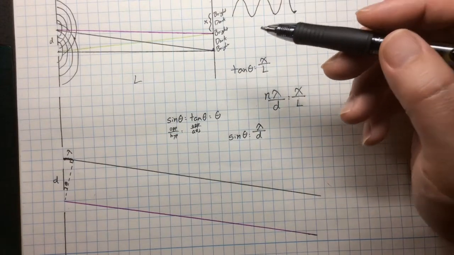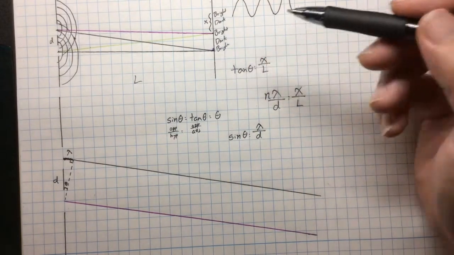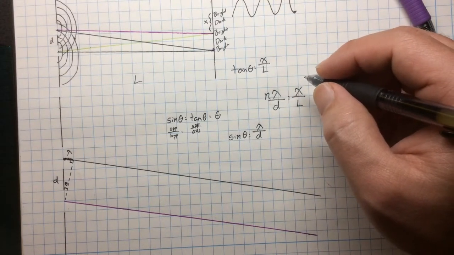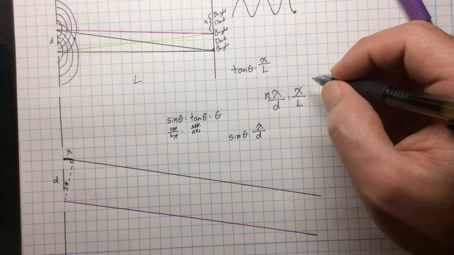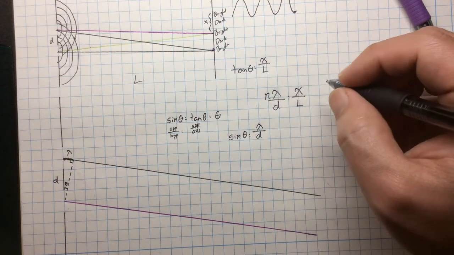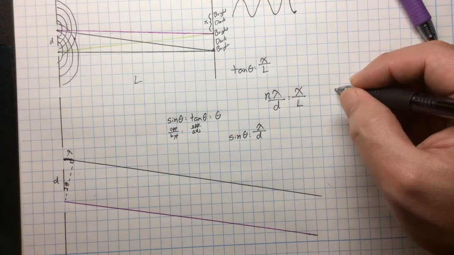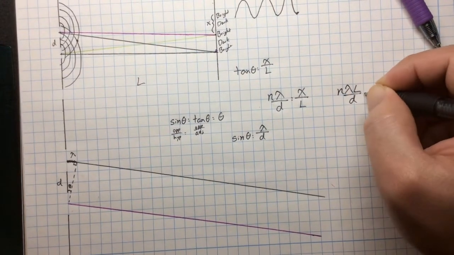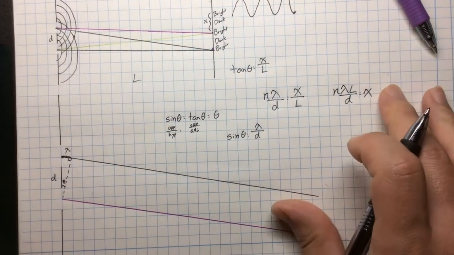So if you really wanted to find it, you can find that bright spot, just divide that distance x by 2. Let's go ahead and move the L over. So n wavelength L divided by d is equal to my separation x.